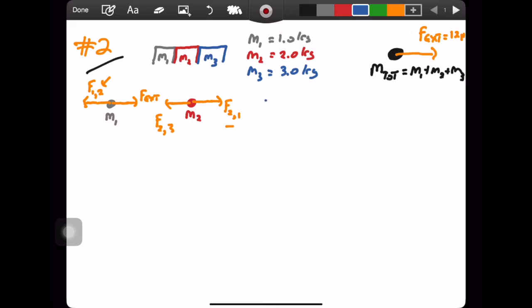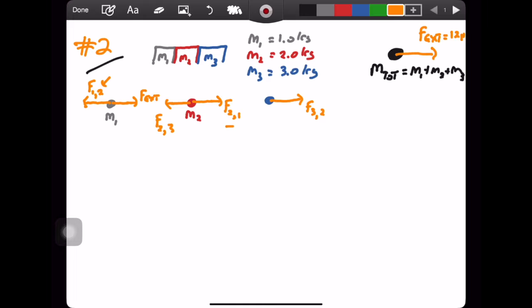And now completing the picture, I also want to draw a free body diagram for mass 3. For mass 3, it feels mass 2 pushing up against it. The force it feels pushing up against it from mass 2 goes to the right. We call this the force on 3 from 2.